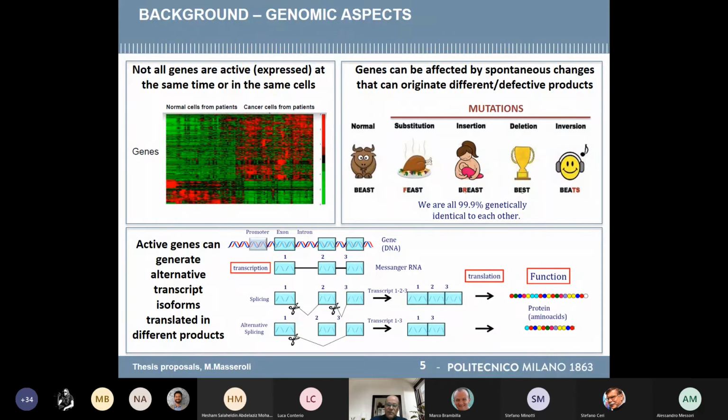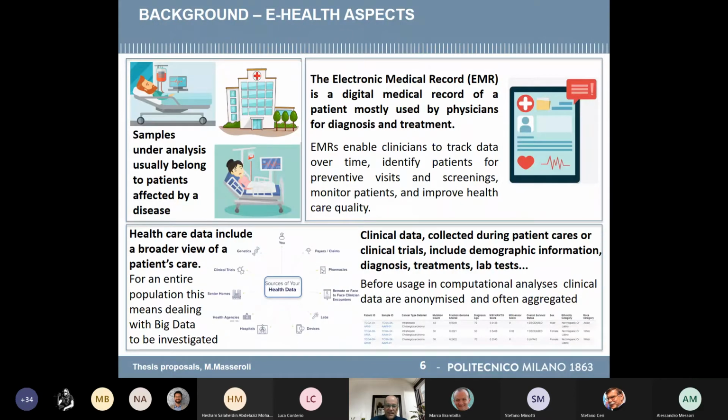On the other side, in particular for the proposal of the thesis related to e-health, the background is somehow easier, and is related to the knowledge of the typical activity that regards the diagnosis of the patients, the encounter between the patients and the physicians, the collection of data from the patients through typical hospitalization, examination, and other activity.